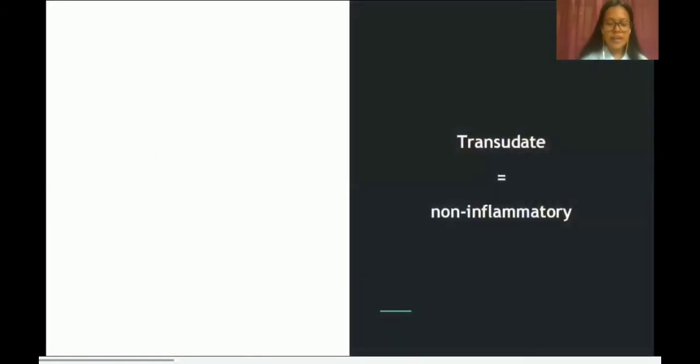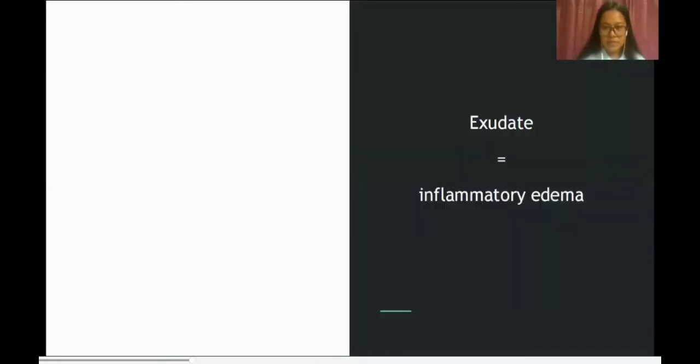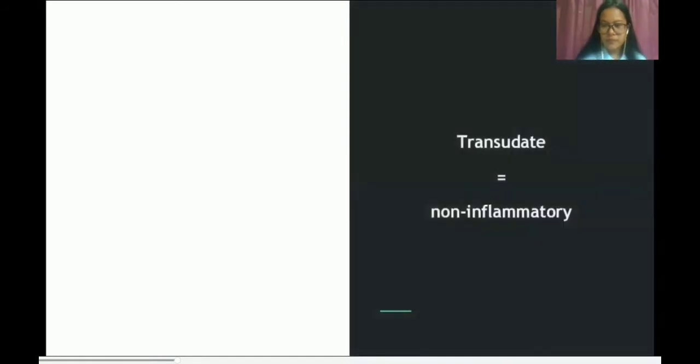Before that, we also have what we call the generalized edema, which involves the entire body. It is called anasarca, and anasarca is severe and causes swelling of the subcutaneous tissues. If the edema fluid is non-inflammatory, it is referred to as a transudate.